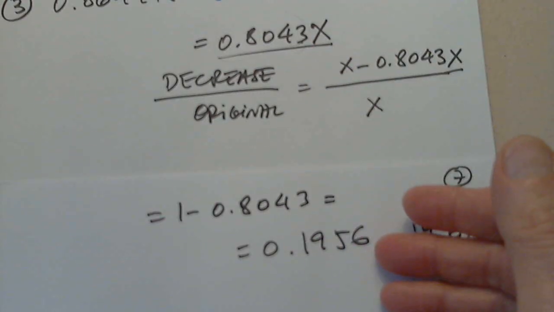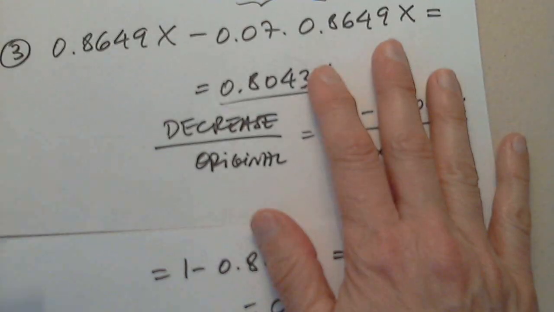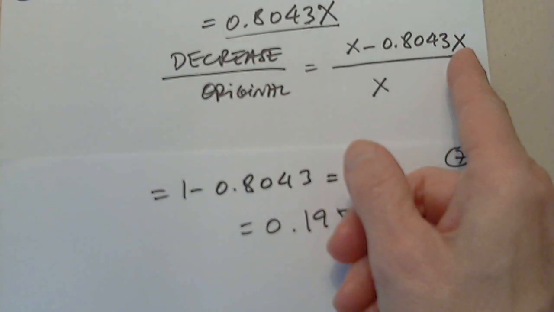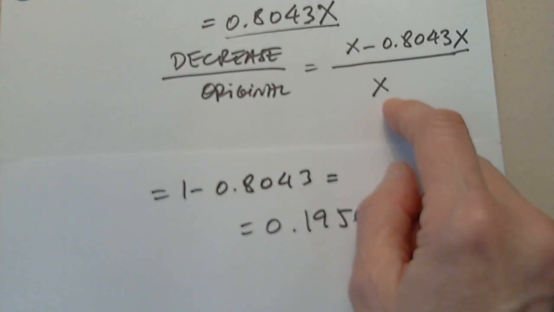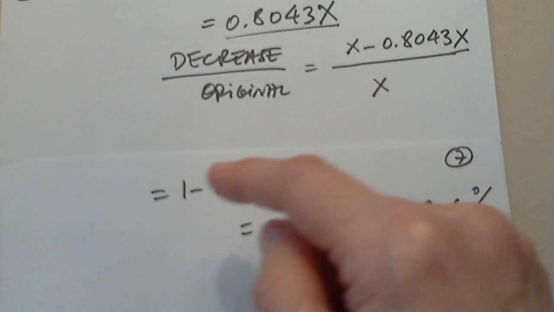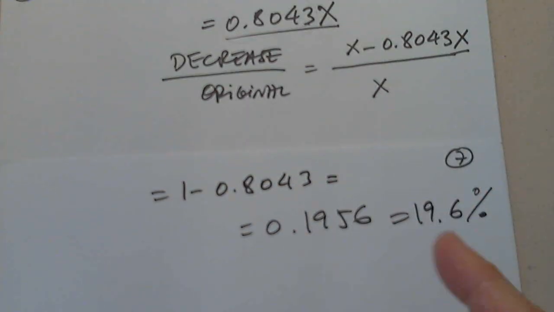So I had one more step to go. So the decrease was X minus what I just got. So all the calculations were correct. But now we had to subtract from the original what we got, and then divide by the original. Well, basically X goes away, so we just have 1 minus this. And when I subtracted, I got 0.1956, and I have to change it into a percent, and because this is 5, they want 1 decimal digit, and this is 6, I have to round 5 to 6. So that's how we got 19.6%.